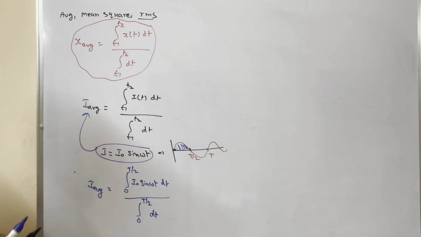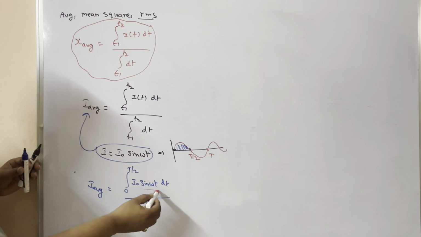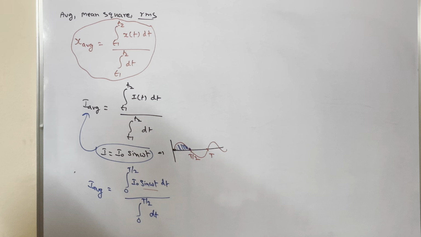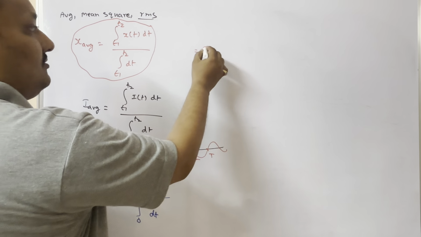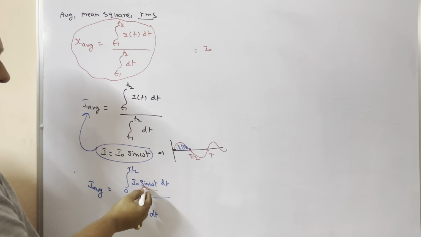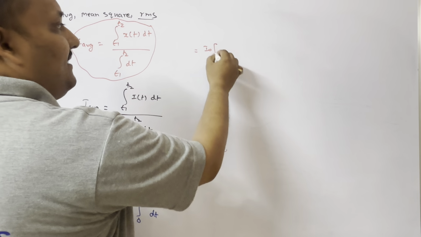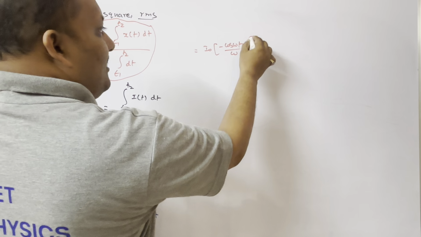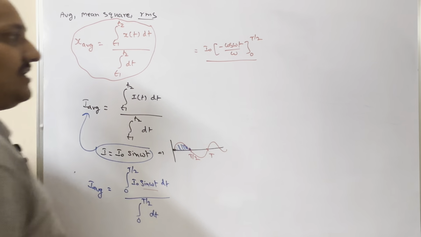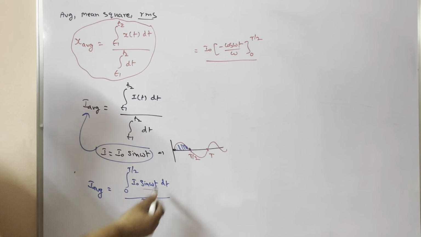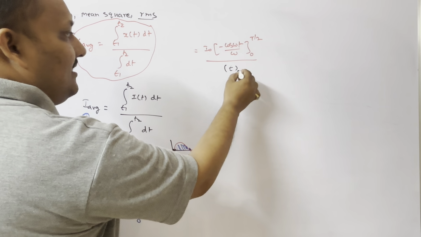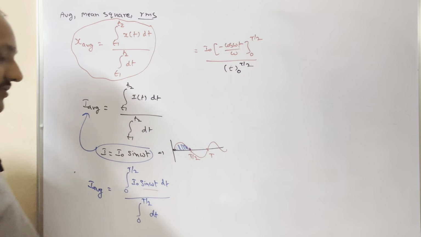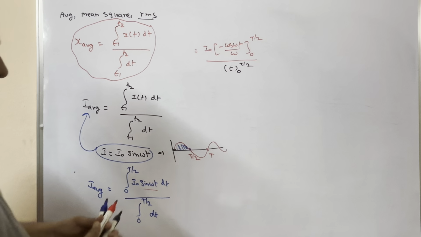In basics, we already gave all these things. The integral of sine omega t dt, if you write I naught outside, is minus cos omega t by omega between the limits 0 to T by 2, divided by the integral of dt, which is t between the limits 0 to T by 2.